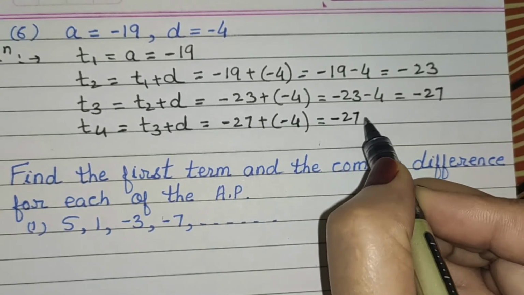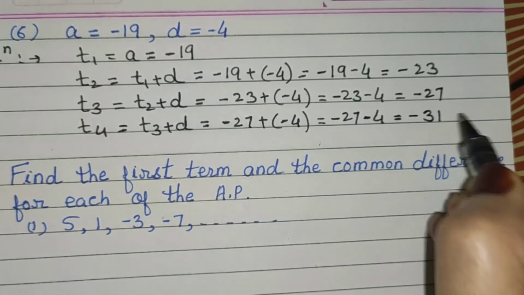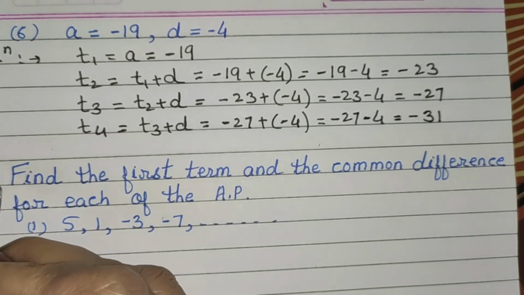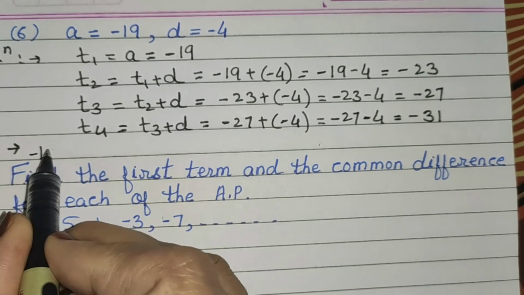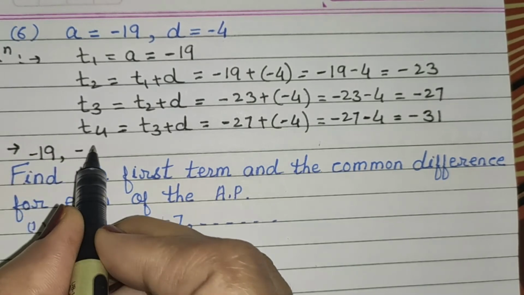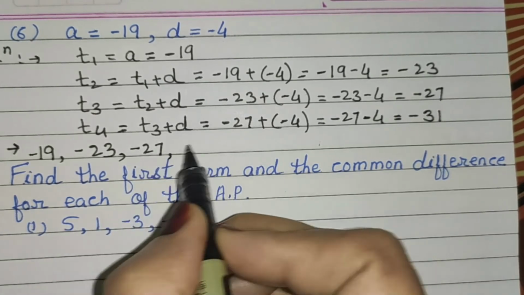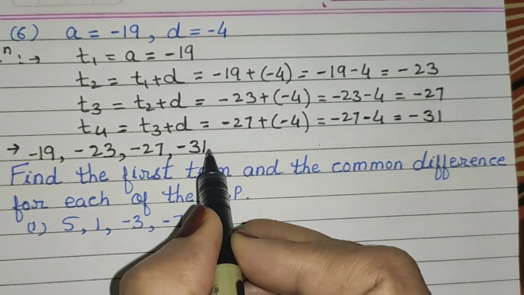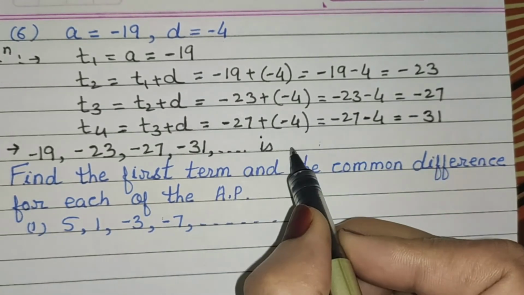Solve it, minus 27 minus 4, we get minus 31. Therefore, write down the answer here. T1 minus 19, T2 minus 23, T3 minus 27, T4 minus 31 is the required AP.